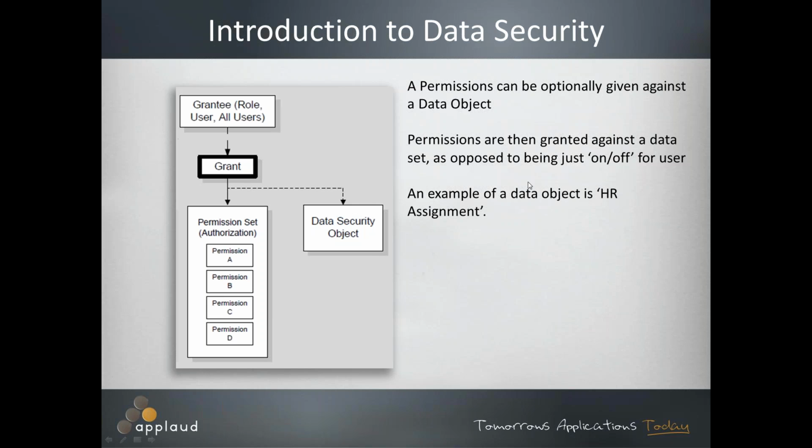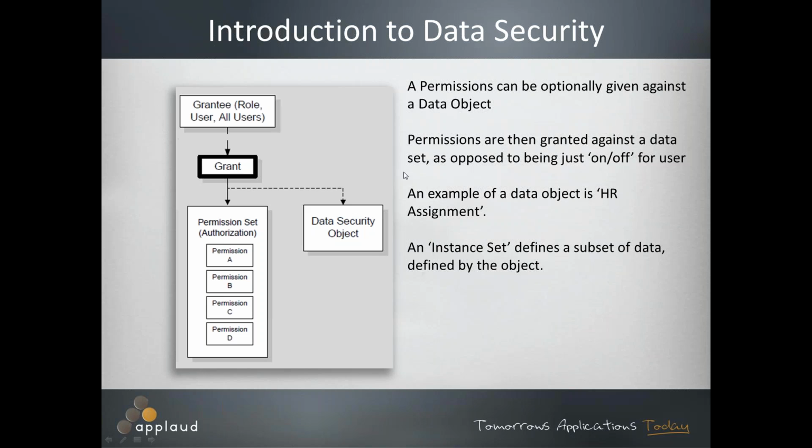In fact, data objects, as we'll come on to, describe a group of objects. So more usual is all HR assignments that you've got stored in your database. It could be all employee records, or all EIT records. A data object normally corresponds to a database table or a database view.